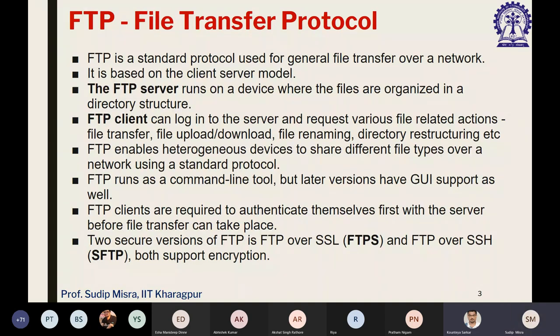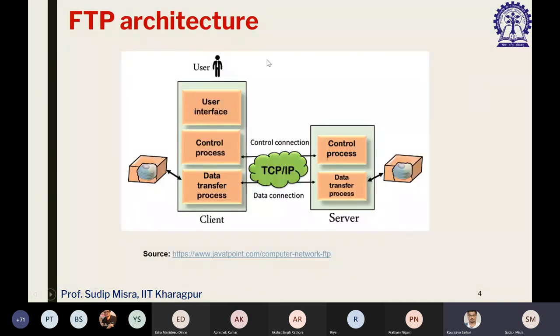So this FTP architecture looks like this. You have a client. Remember, for the next few moments, whatever we are talking about here is what the regular FTP does. What we have asked you to do is a much trimmed-down version of the original FTP protocol, because the original protocol is much more complex and a lot of fancy things are done.